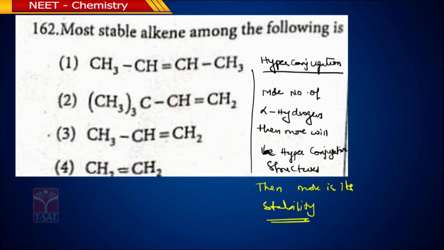So you have to find out the number of alpha hydrogens. If the number of alpha hydrogens is more, there are more hyperconjugative structures and more stability.